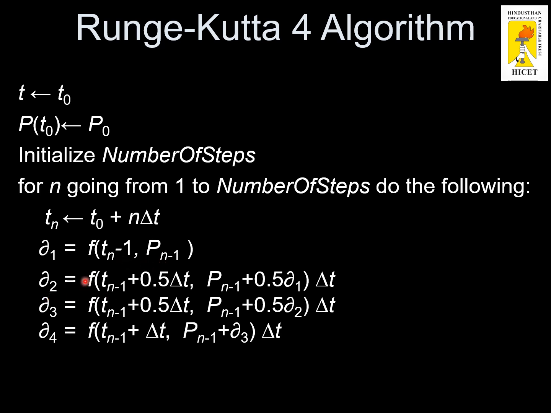Dou 2 is function of tn minus 1 plus 0.5 into delta t, comma Pn minus 1 plus 0.5 into dou 1 into delta t. Then dou 3 is function of tn minus 1 plus 0.5 into delta t, comma pn minus 1 plus 0.5 into dou 2 into delta t. So dou 4 equal to function of tn minus 1 plus delta t, comma pn minus 1 plus dou 3 into delta t.